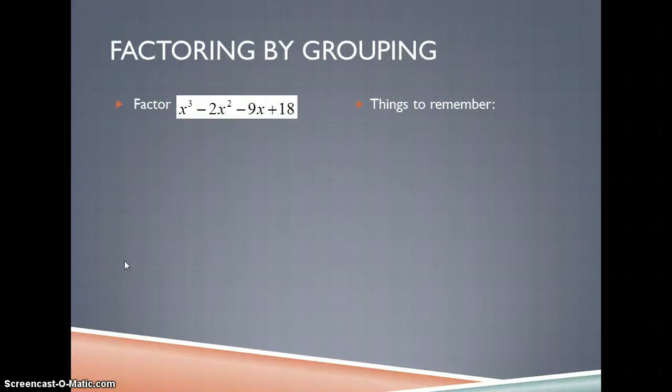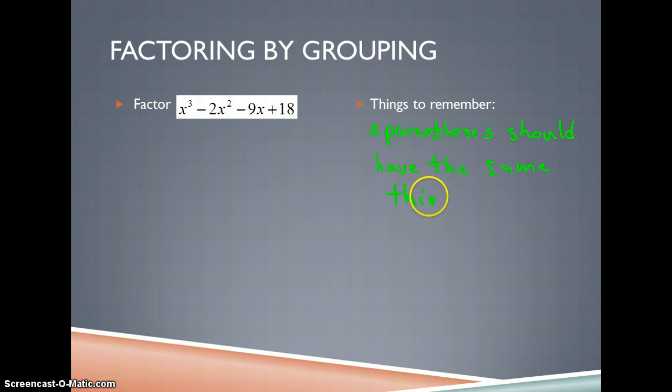Factoring by grouping. Okay, we've already done this a little bit. Whenever we were factoring some quadratics and we used one method, we did factoring by grouping. Okay, things to remember, our parentheses should have the same thing.